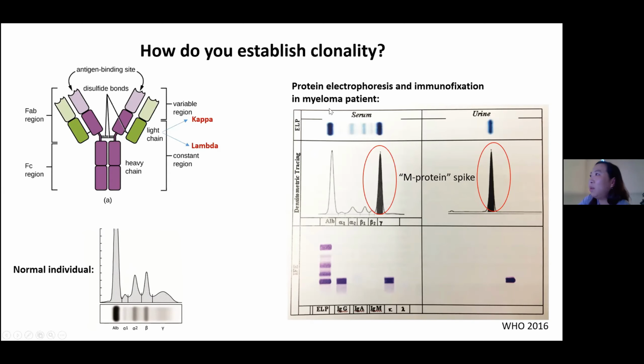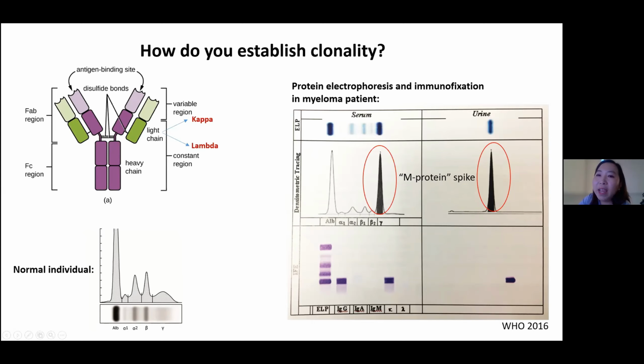Whereas in a patient with myeloma, if you do serum protein electrophoresis, you see a spike, or a sharp peak, in the gamma globulin region, and that's your M protein, right? This actually identifies this whole antibody structure that we talked about. Both the heavy and light chain will be represented here.